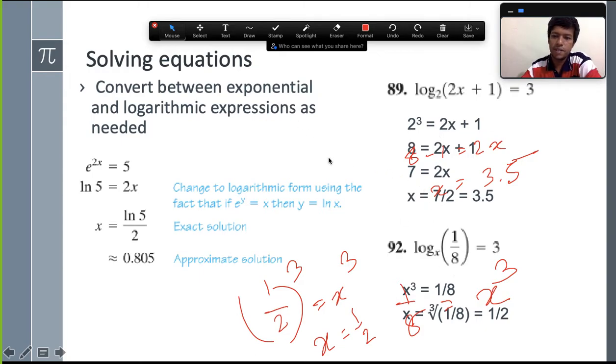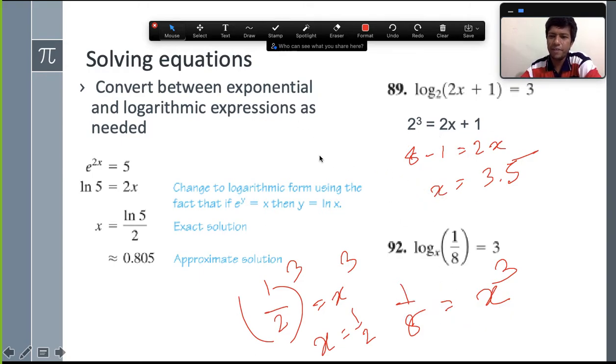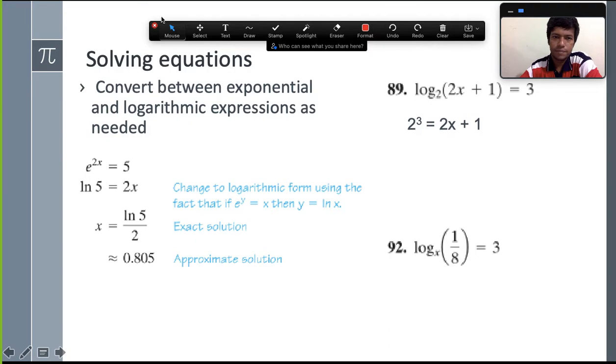Okay, so this is done in this way, and then we have done it slightly differently, here on screen. So let's see.